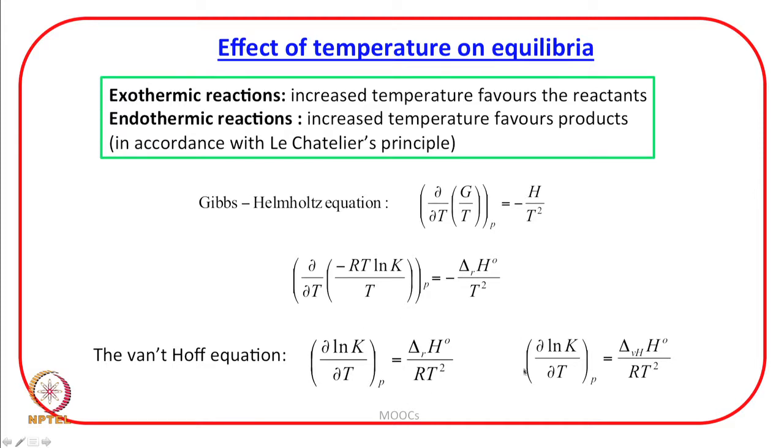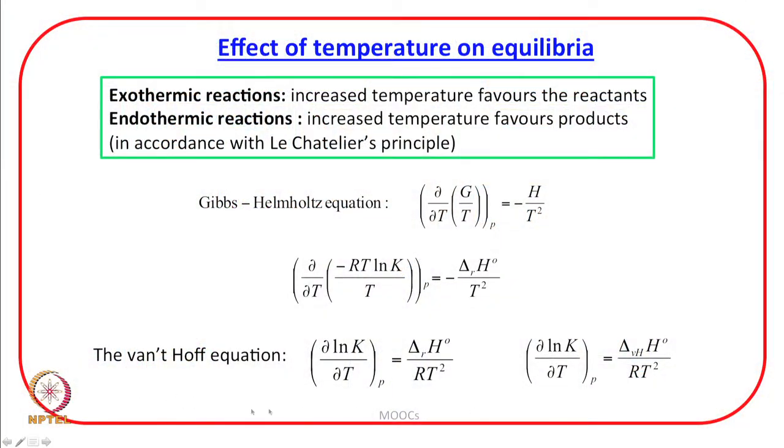So, this Van 't Hoff enthalpy highlights another interesting feature, that we need not determine enthalpy of a reaction just by using calorimeters or from the heats. We can actually determine the value of enthalpy of a reaction if we know how the equilibrium constant depends upon temperature. Take a look at this Van 't Hoff equation in the slide.